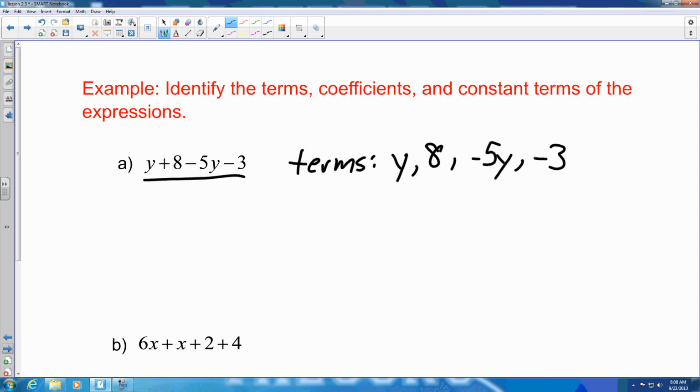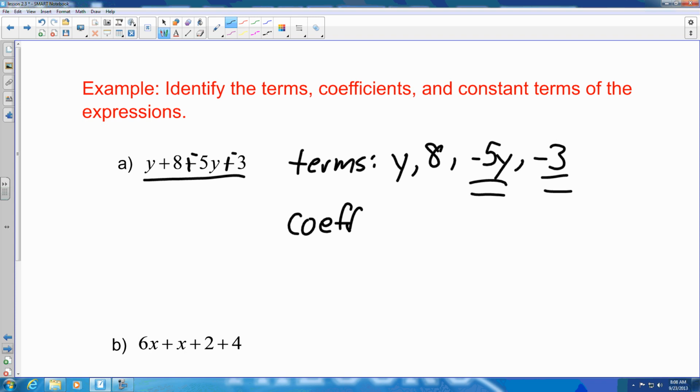If you have a hard time identifying the negative 5y and the negative 3, you could always make them into an addition problem by crossing the line, changing the sign. That's perfectly fine. It's perfectly legal, and if it helps you solve it, then by all means go ahead.